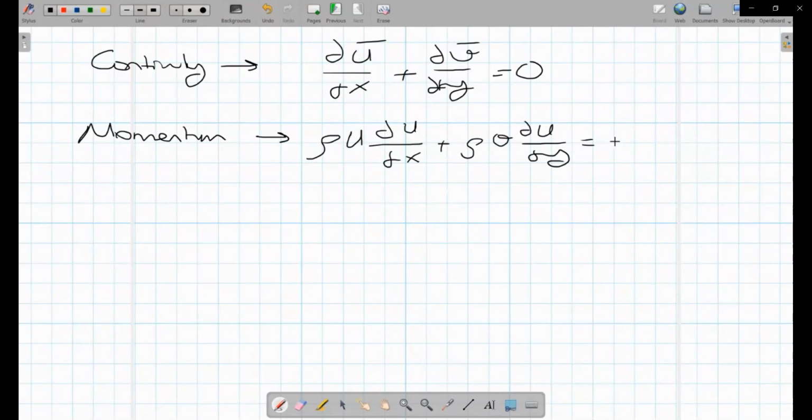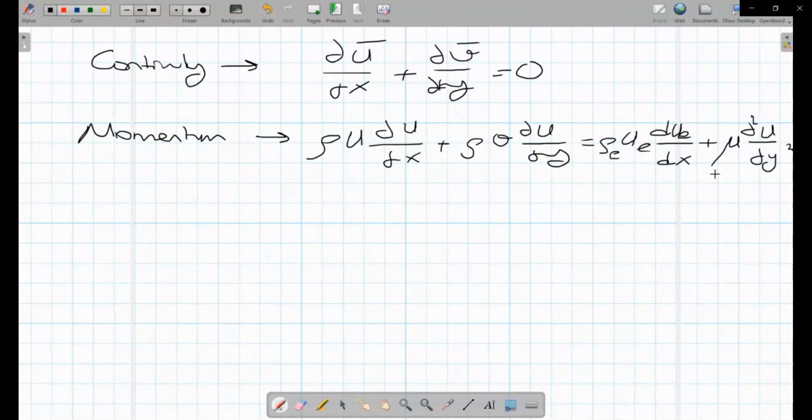In the right hand side, the first term is a pressure gradient term, but generally we write rho edge u edge, ordinary derivative du edge dx, if we have a pressure gradient or u edge variation, plus the viscous term mu d square u over dy square.